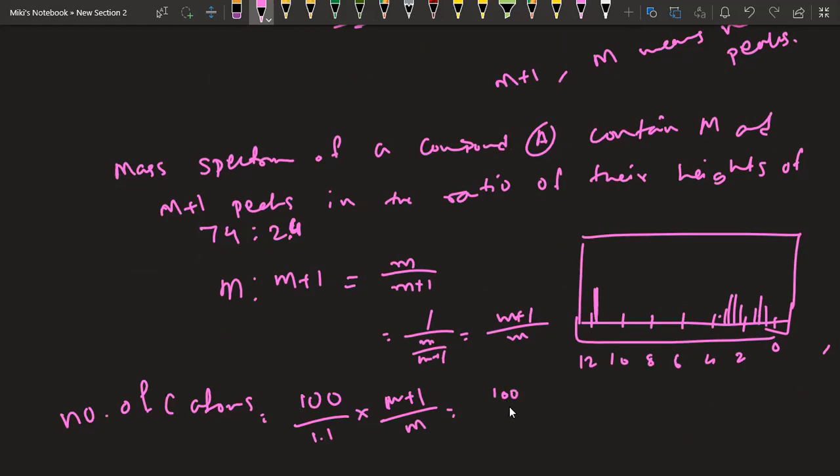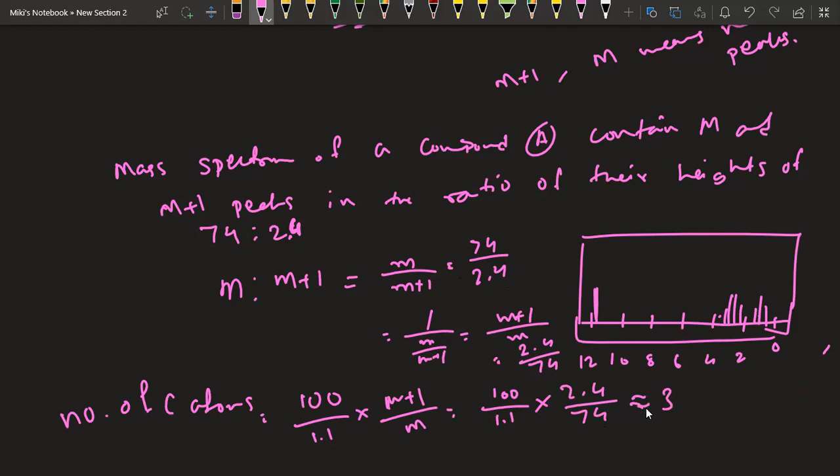So this is 100 over 1.1 times, remember we just flipped it. If this was the case at first, 74 divided by 2.4, we need 2.4 divided by 74. That's what we did here. Now 2.4 divided by 74 will give us an approximate value of 3.